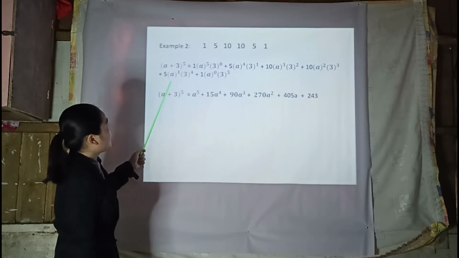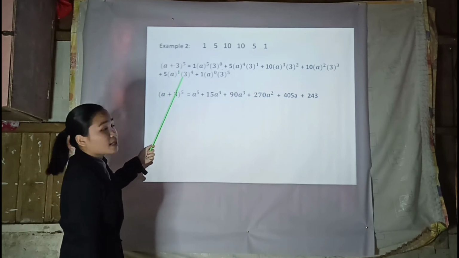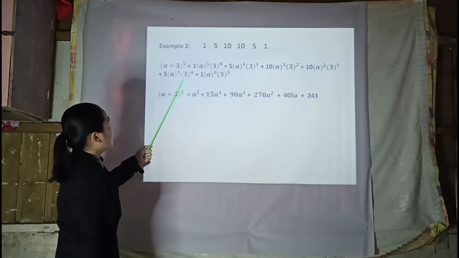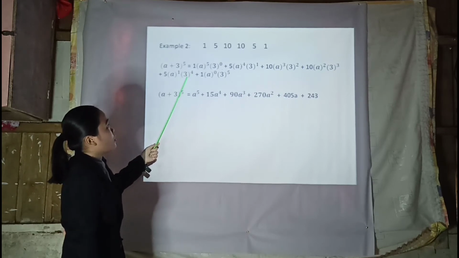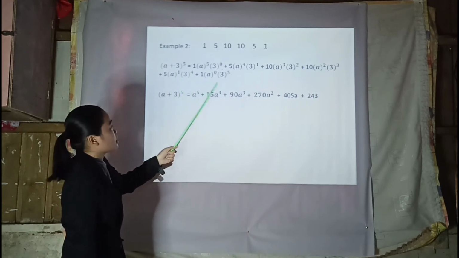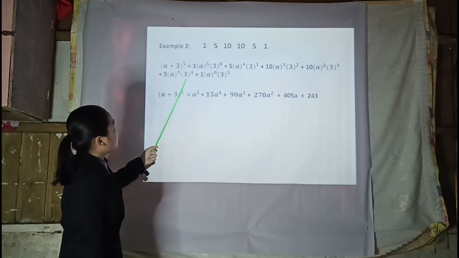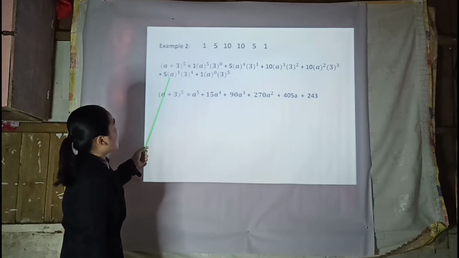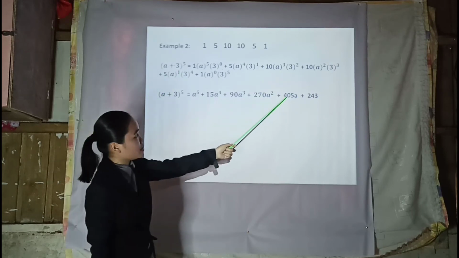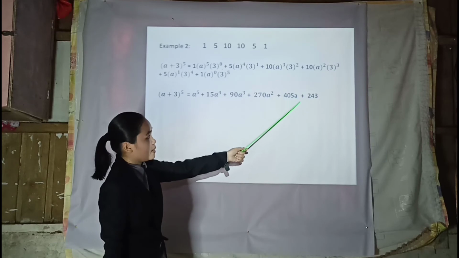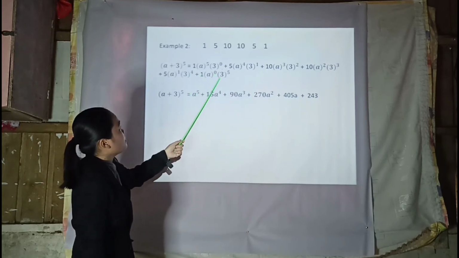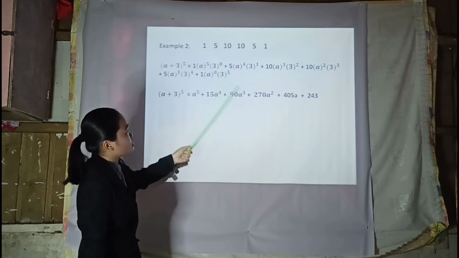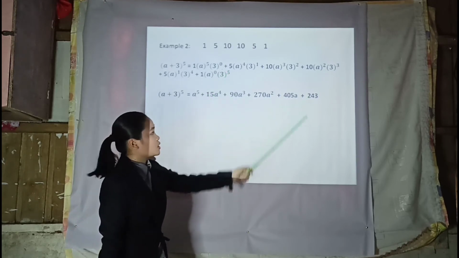Plus 5 times a raised to 1 times 3 raised to 4. So we will multiply the 3 to 4, so 3 times 3 times 3 times 3, and the answer will be multiplied to 5 times a raised to 1. So our answer is 405a, plus 1 times a raised to 0 times 3 raised to 5. So our answer is 243.